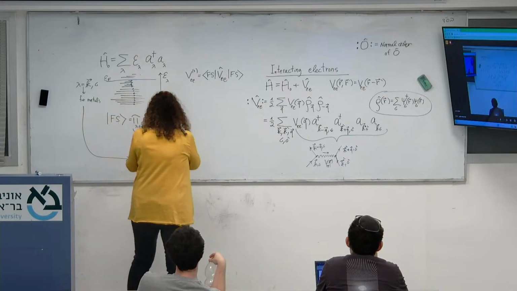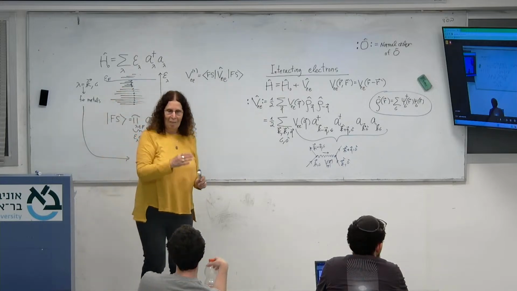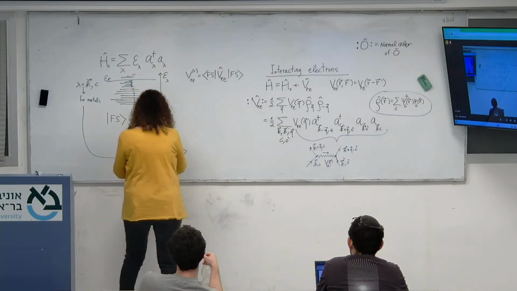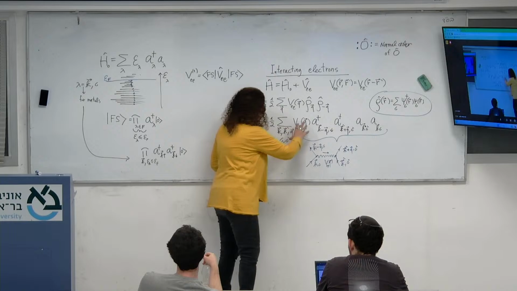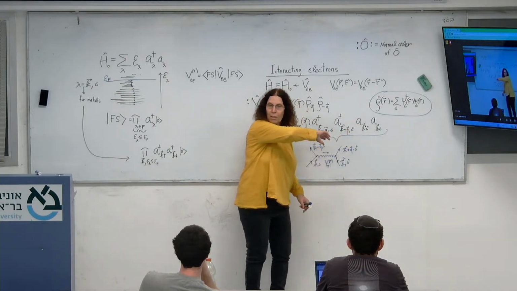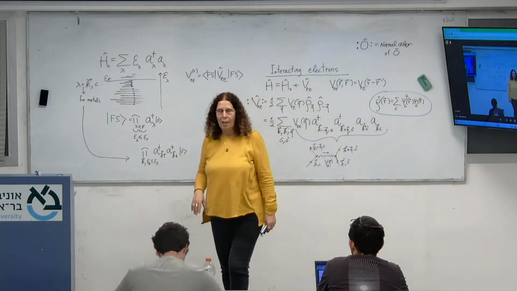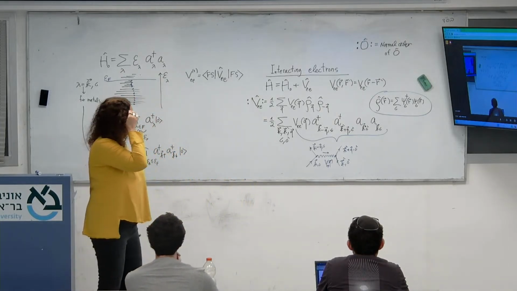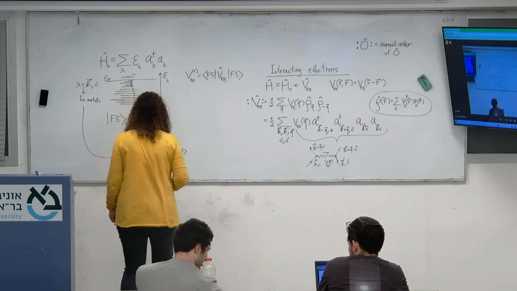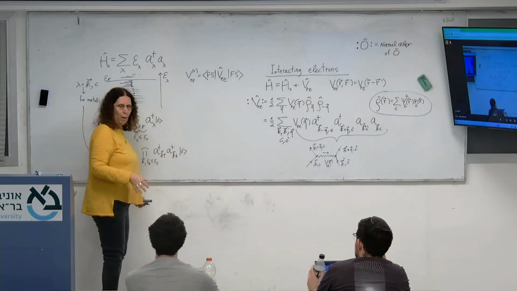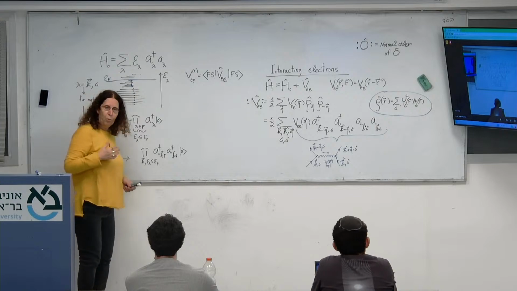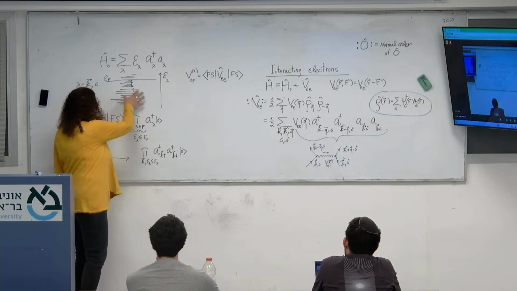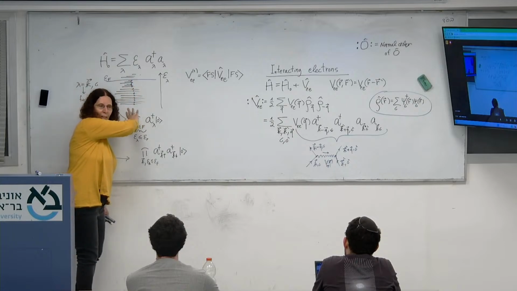But here I have 10 to the 23 particles, and each time a different momentum, so I also have infinitely many terms in my sum. It looks complicated to work in a representation where I keep track of all the particles, most of which don't do anything because they are buried deep in the Fermi sea.